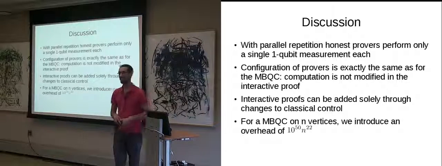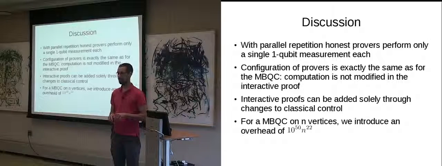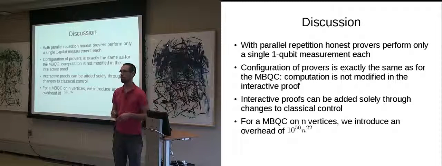So you mentioned you can handle error scaling as the inverse polynomial. Is it conceivable that a constant error could also be tolerated, meaning an error that doesn't scale with the size of the graph? So when, as a prover, I measure, I have a 0.001 chance of getting a wrong answer.